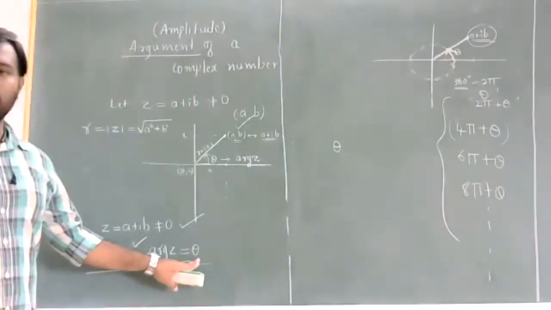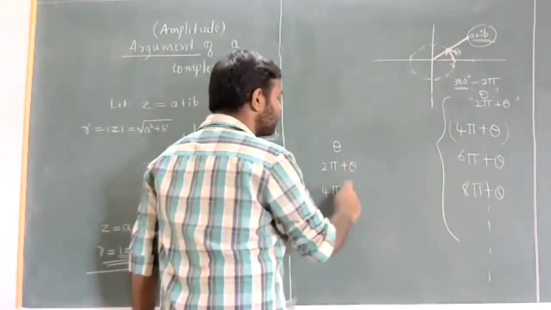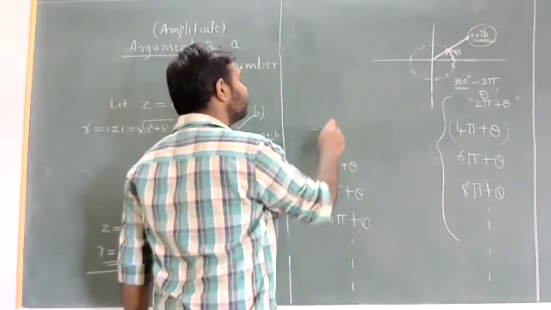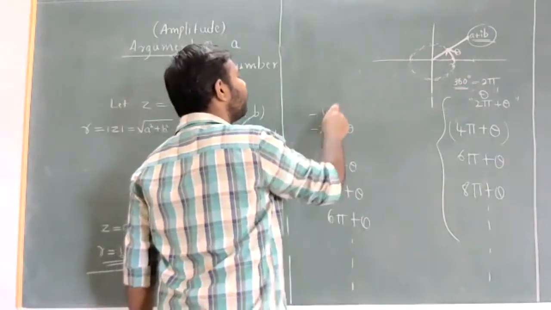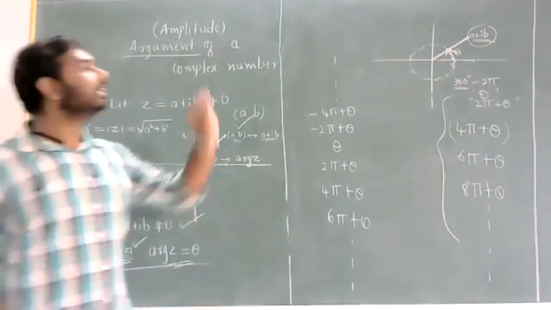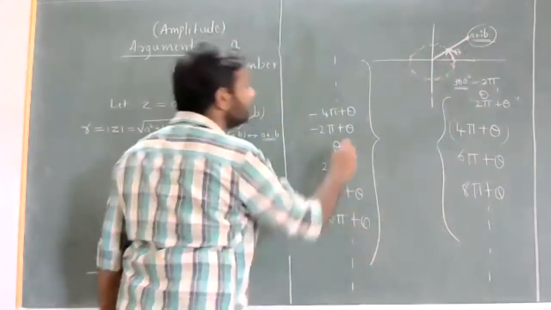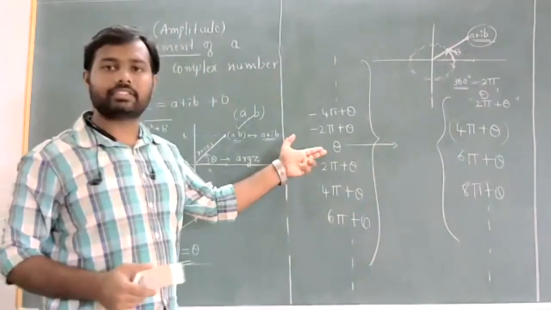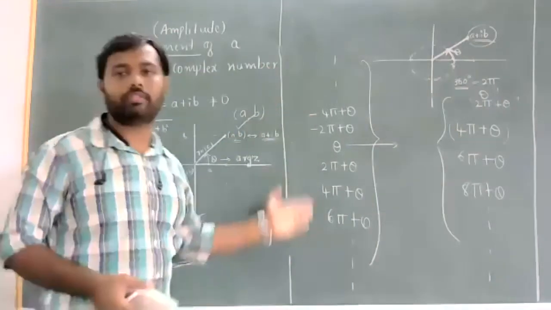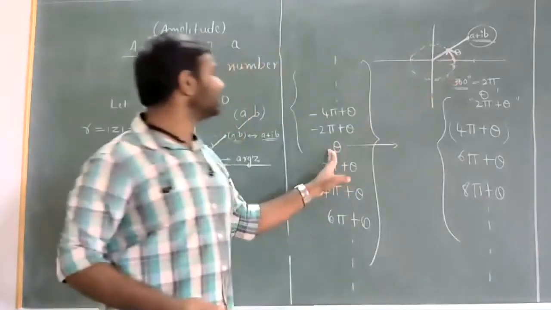Then I observed that 2 pi plus theta, 4 pi plus theta, 6 pi plus theta, and so on, and minus 2 pi plus theta, minus 4 pi plus theta, and so on. All these angles will give you the same position of this line as that of theta.